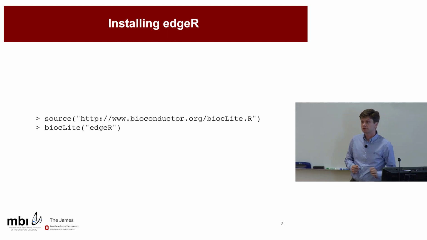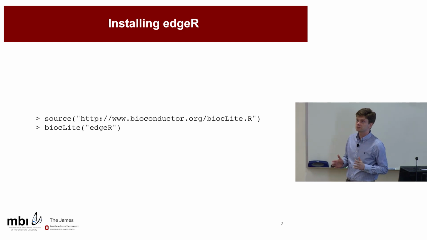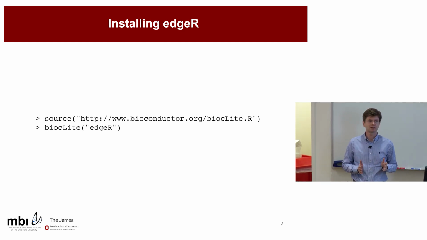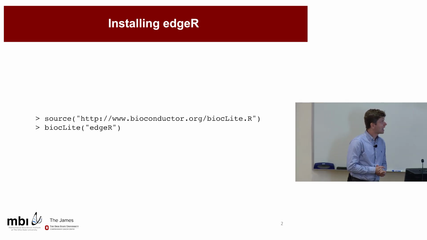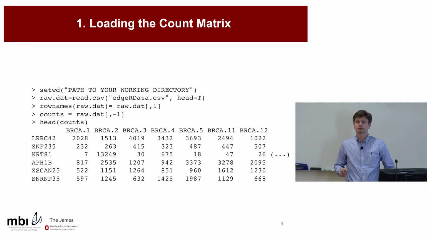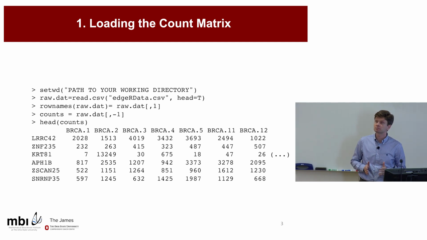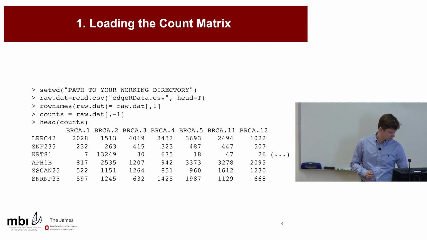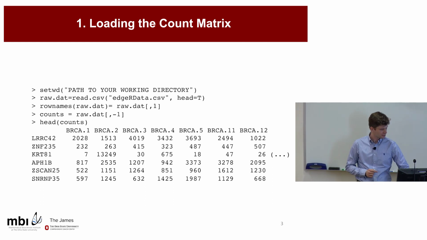And to start the analysis, you have to load the library by typing library(edgeR). And then you set the path to the working directory. If you click the code that is provided in the folder, you should start directly in the working directory that contains the dataset.